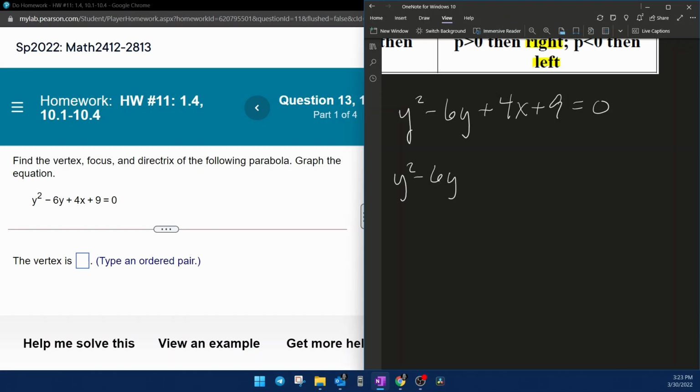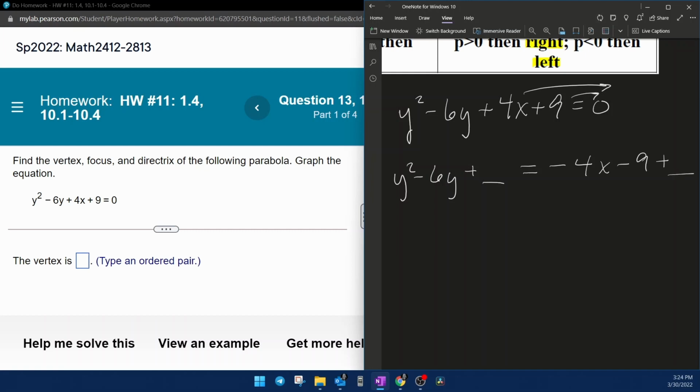And in order to get that into a set of parentheses, we're going to have to complete the square. So I'm going to leave a space for the constant that we're going to generate that will give me a perfect square trinomial. On the other side, we're moving the 4x and the 9, which will make that minus 4x minus 9. Please don't forget that you're going to need a blank on the other side.